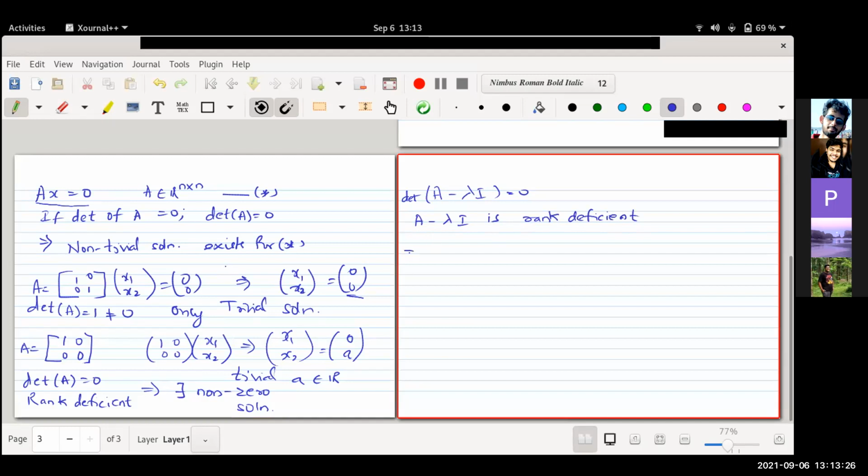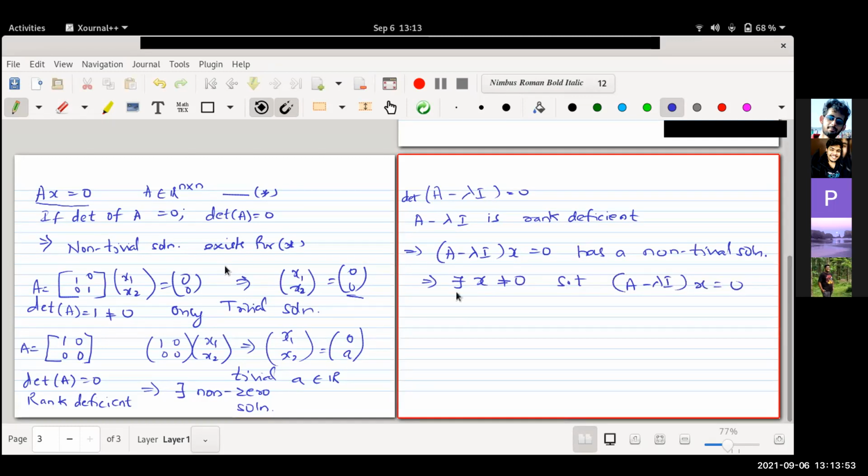So that means A minus lambda I multiplied by x equals 0 has a non-trivial solution. That implies there exists x not equal to 0 such that (A minus lambda I)x equals 0.